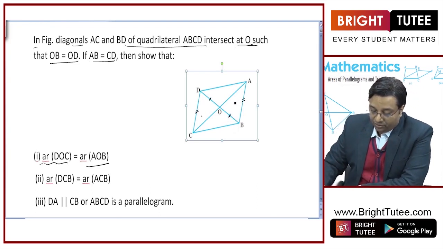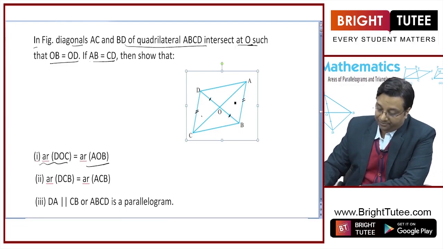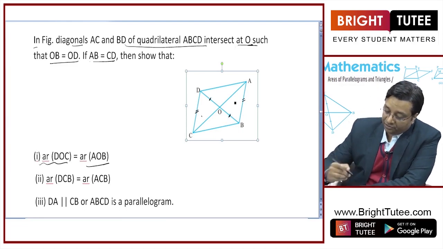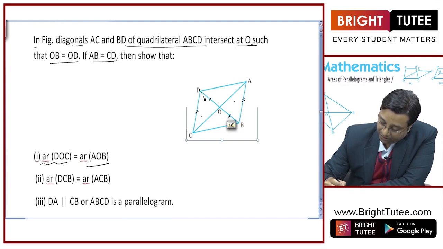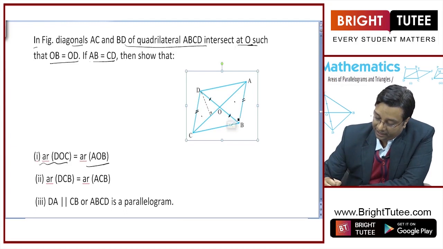Right. So we have to show these areas to be equal. First of all, let us draw a perpendicular here in triangle DOC, and let me draw a perpendicular in triangle AOB.